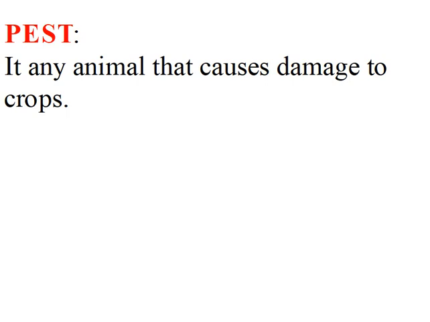Examples of crops are vegetable crops, fruit crops, beverage crops, and forage crops. So any animal that attacks these crops is called a pest.